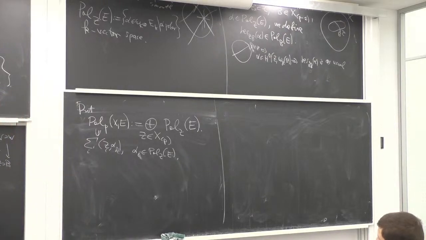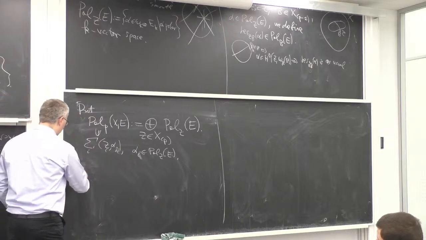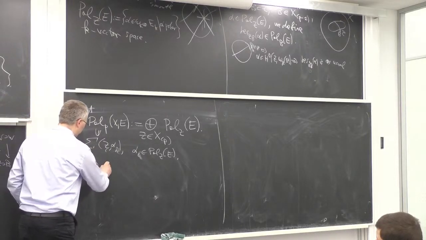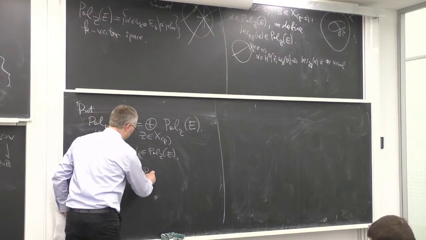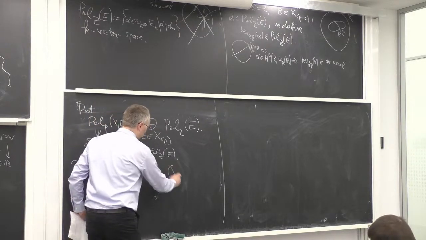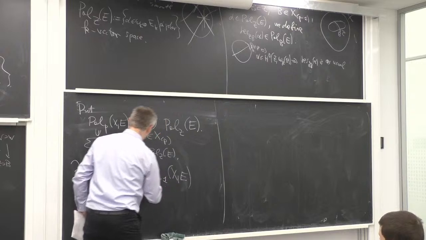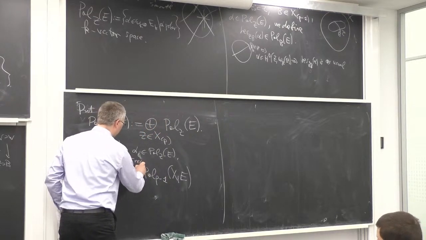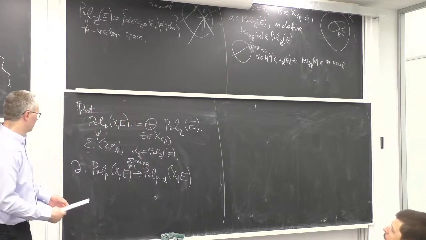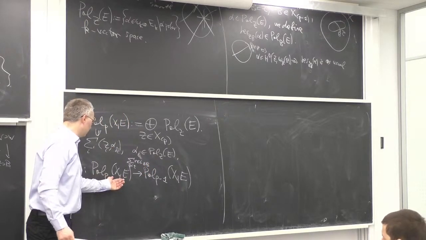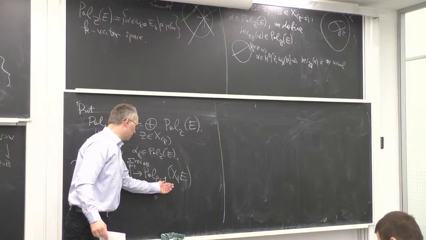I get a vector space like that, and then I can define a differential from Pole P of X to Pole P minus 1 of X. And this is just the sum of all residues over all B inside Z of residues from Z to B. So given the chain here, I want to get a chain here.